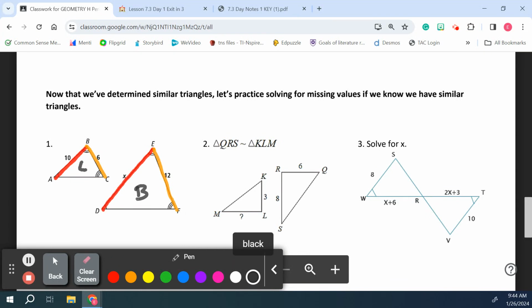When I set up my proportion, that means I'm going to take AB over DE and set that equal to BC over EF. Do you guys see how I did the little triangle over the big triangle side?